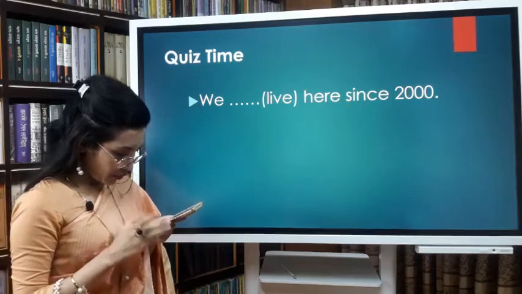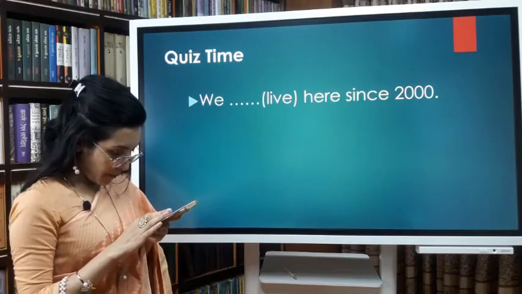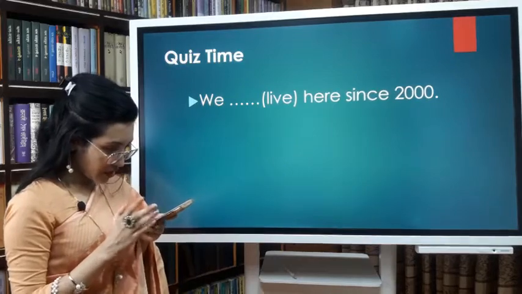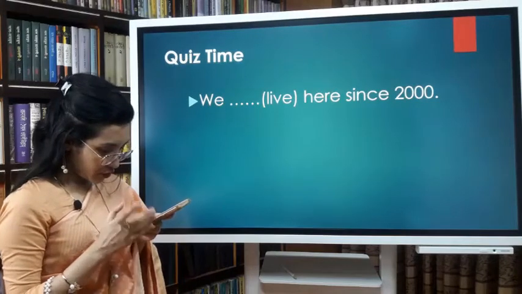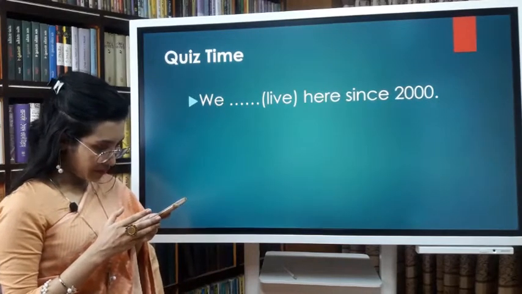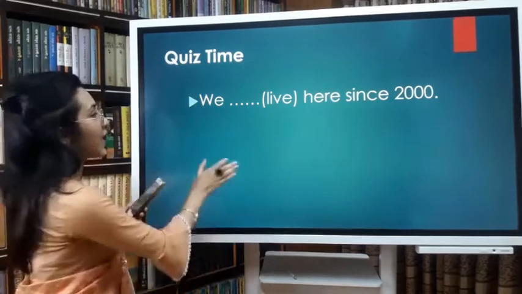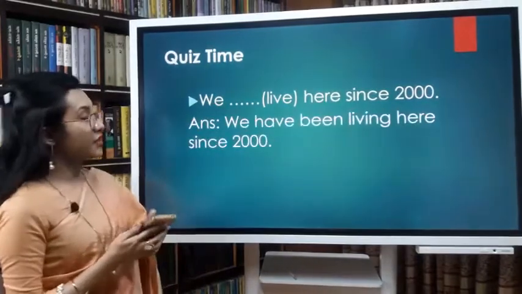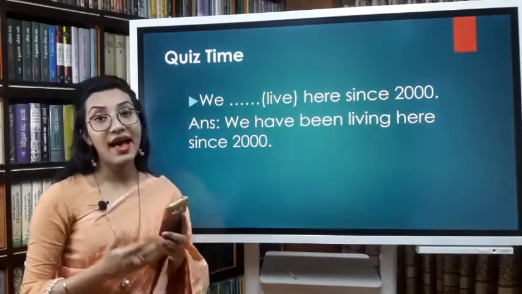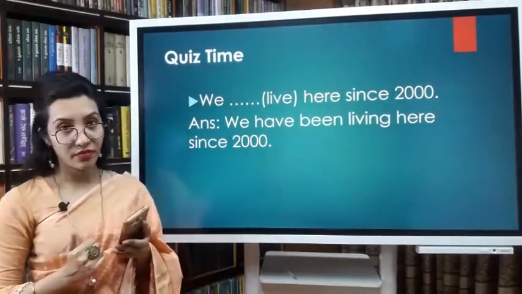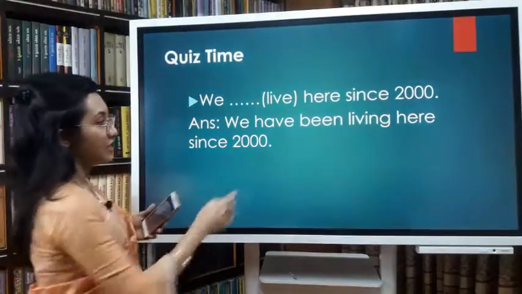Raisa, Polash Burman, are living. Apun Shaha, are living. Ratan Bhattarjee, have been living. Okay, yes, absolutely correct. The answer is going to be we have been living. Many of you have written lived here.